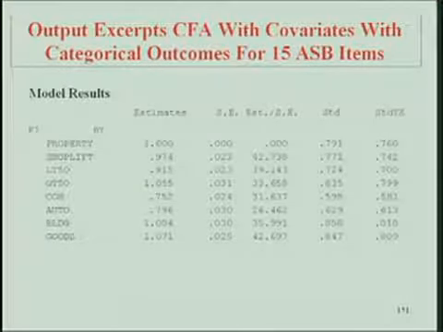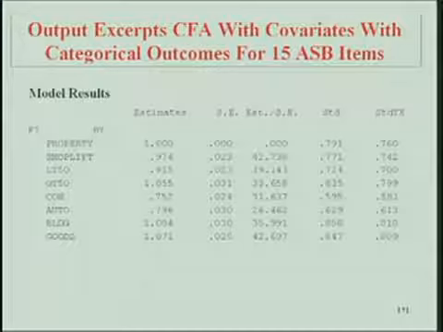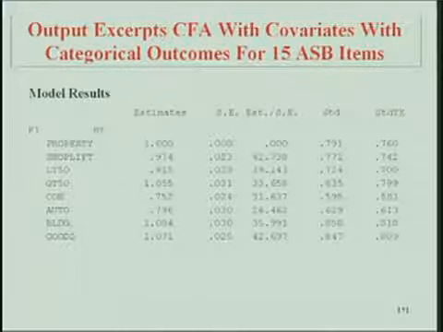So we use weighted least squares here. So these coefficients are the factor loadings in the probit metric. You could have used ML here as well for these three factors. It wouldn't have been overwhelmingly heavy.